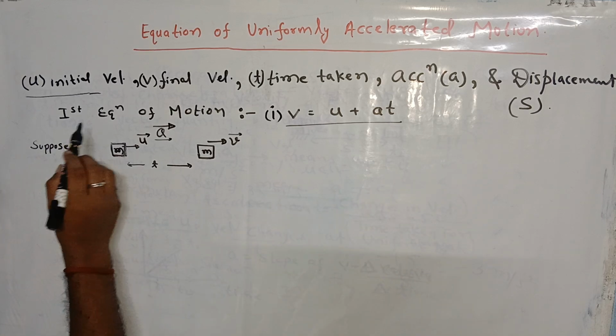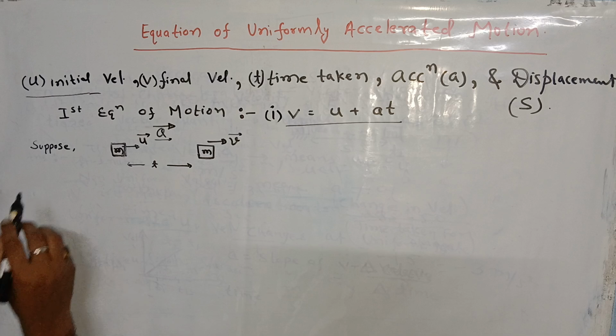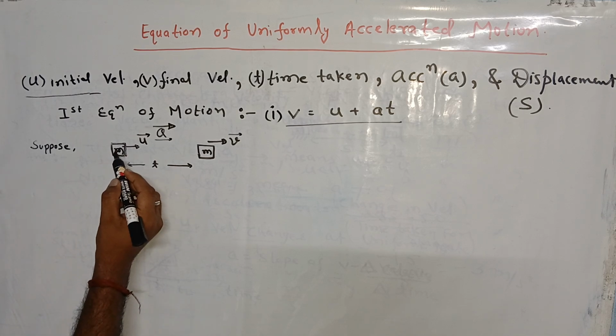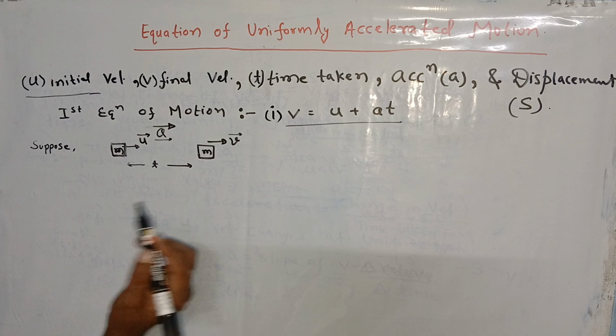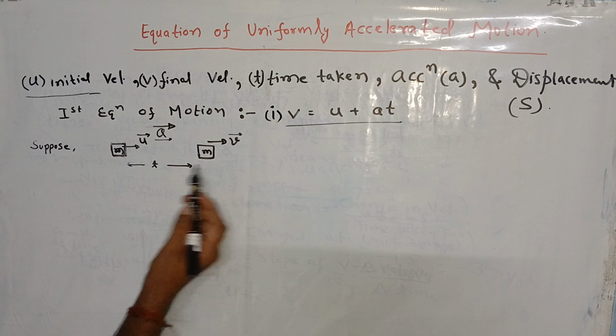But for the first equation, how will we derive it? Suppose an object of mass m. In this equation we will not consider the mass of the body, but we have taken the mass of the body as m to see how the problem is real.